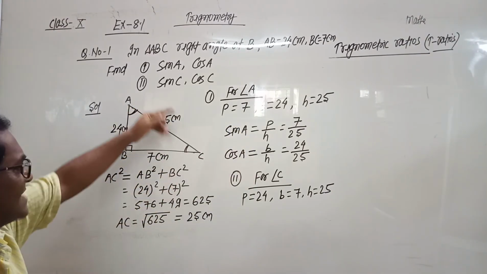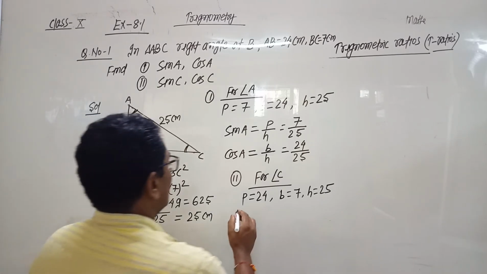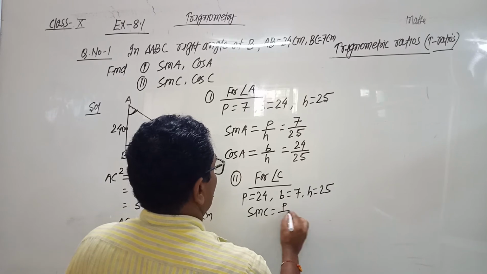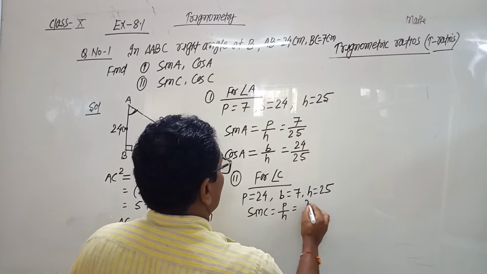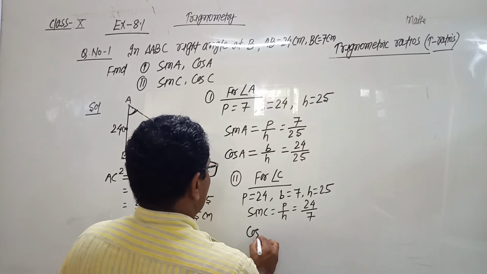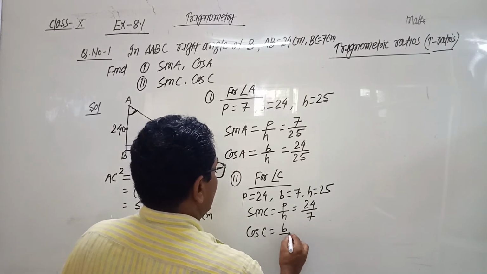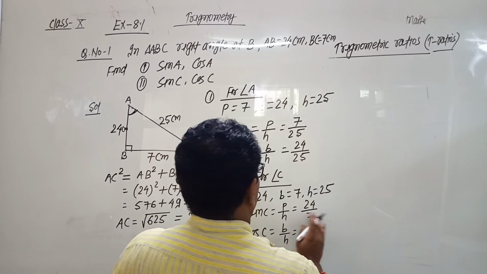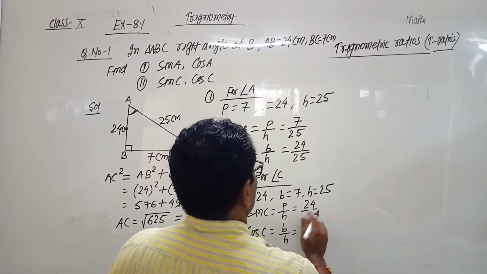Now we calculate sin C. Sin C equals perpendicular upon hypotenuse. Perpendicular is 24, hypotenuse is 25. Then calculate cos C. The formula is base upon hypotenuse. Base is 7, hypotenuse is 25.